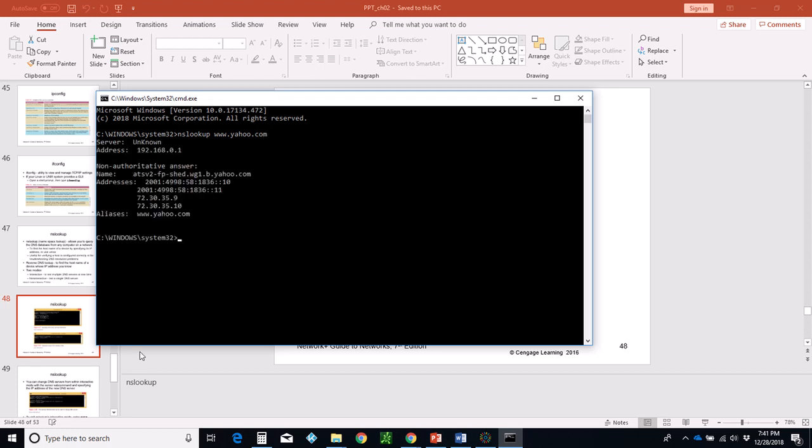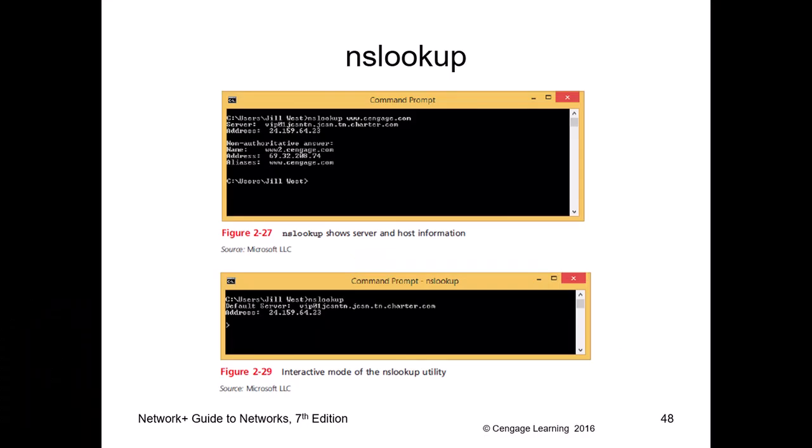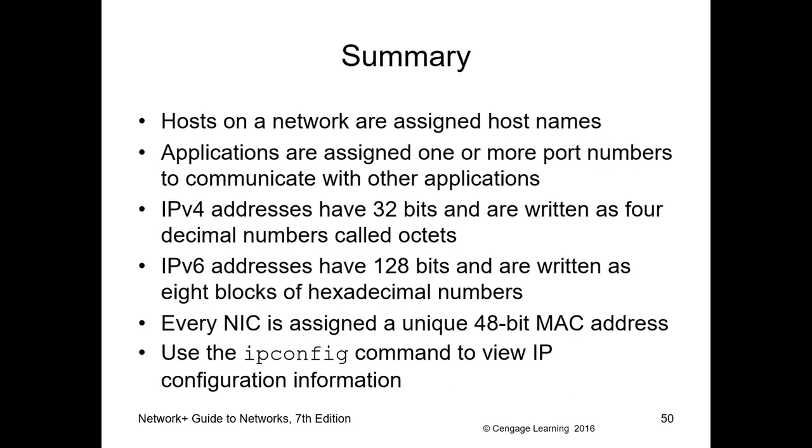And there you go. Server is unknown. Here's the authoritative name, here's the server, and here's a whole bunch of different network addresses. Aliases is the yahoo.com server. All right, let's continue.